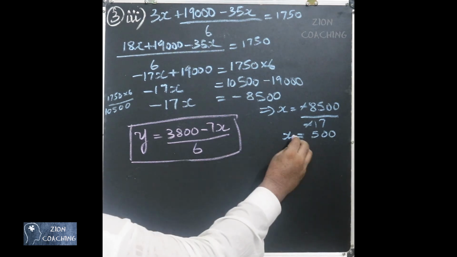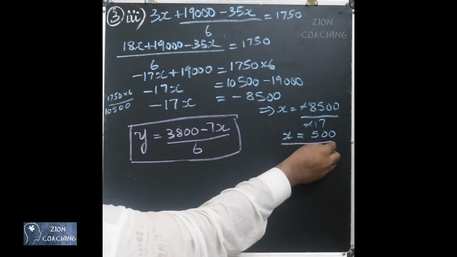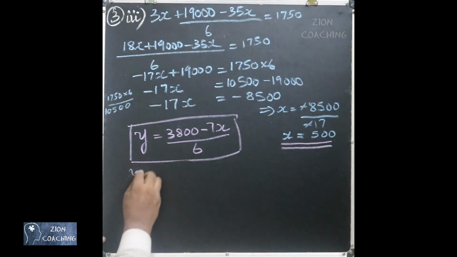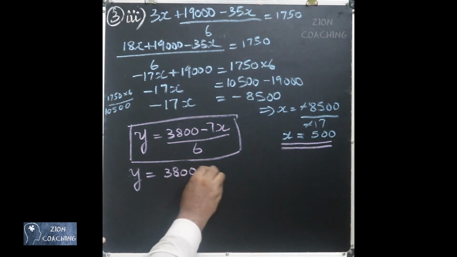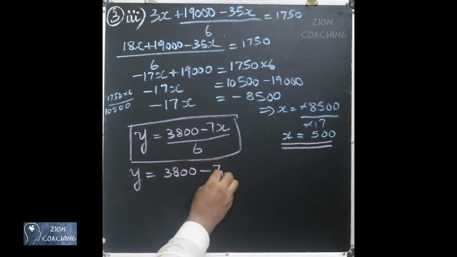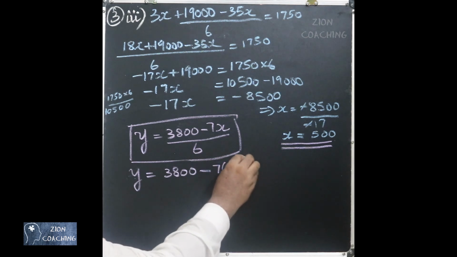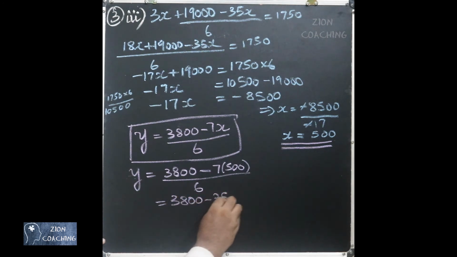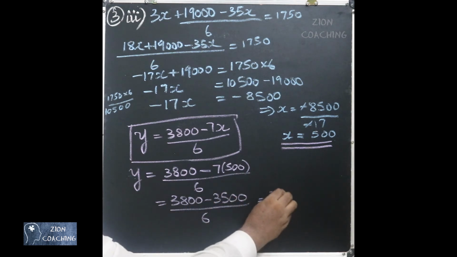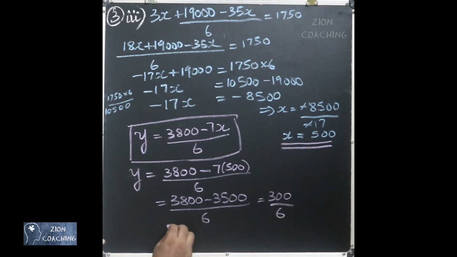We have got x is equal to 500. y is going to be 3800 minus 7 into x, that is 7 into 500, divided by 6, that is 3800 minus 3500 divided by 6, which is 300 divided by 6. That is, your y value is 50. Now we have found our y value.